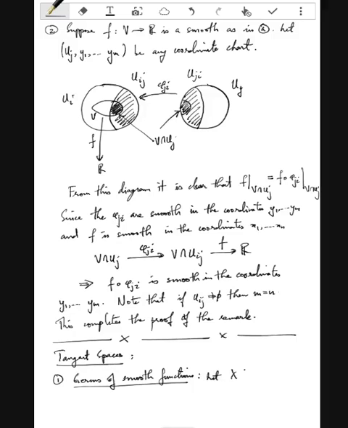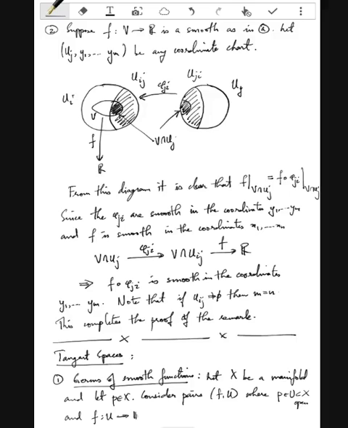Let X be a manifold and let P in X be a point. Consider pairs (f, U) where U containing P is an open set and f from U to R is smooth.